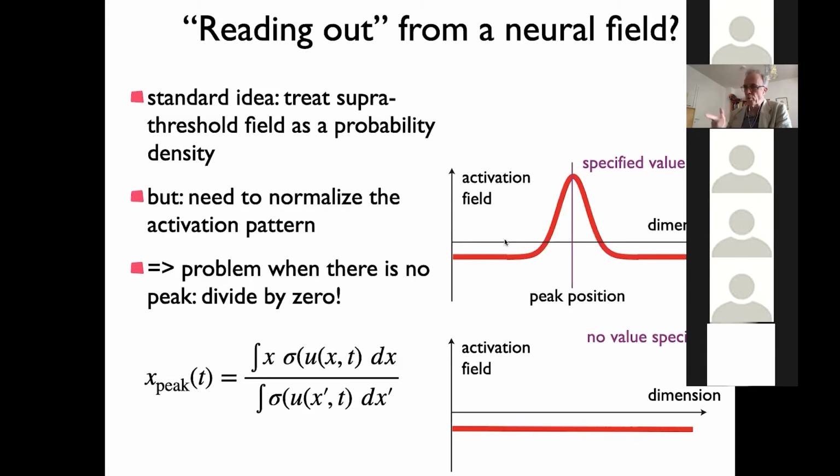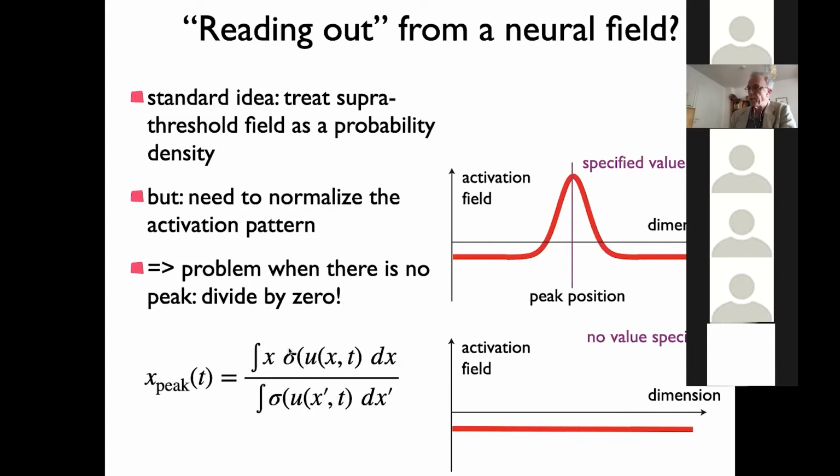And what I'm pointing at is that this requires, again, some normalization. It's different in nature from the sensory normalization, but it's the same theoretical problem. A good way to understand that is to think of this as reading out a probability density. If the positive activation, we're always thinking about the sigmoided activation, so this positive peak here, if you think of that as a probability density over this dimension, then you would compute the theoretical mean.